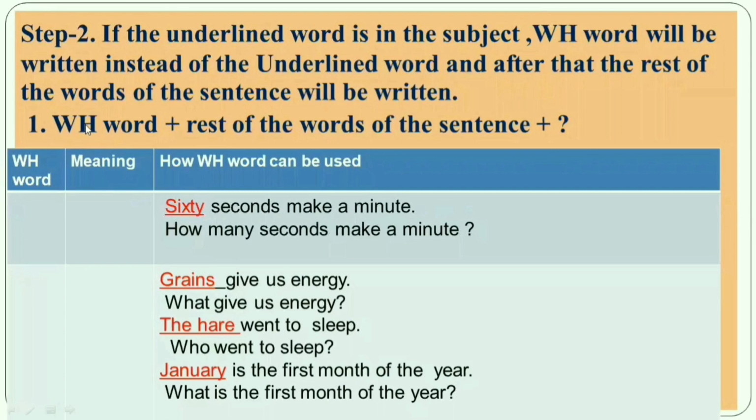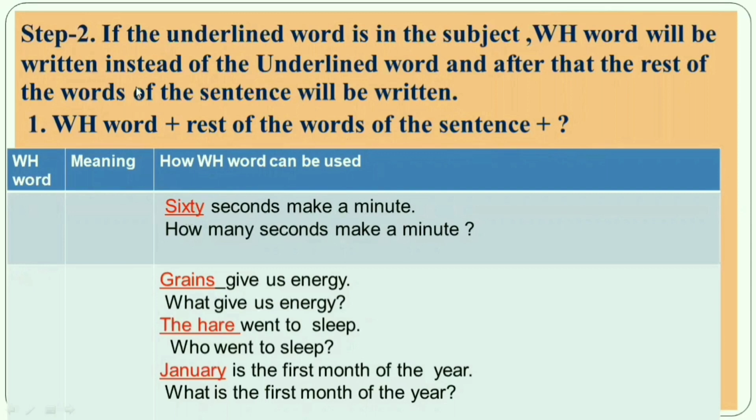So here you can see the structure of that. At first, the WH word, then the rest of the words of the sentence, then the question mark. So my dear student, if the underlined word is in the subject, here you can see 60 seconds make a minute. Look at the underlined word 60, and it is in the subject.